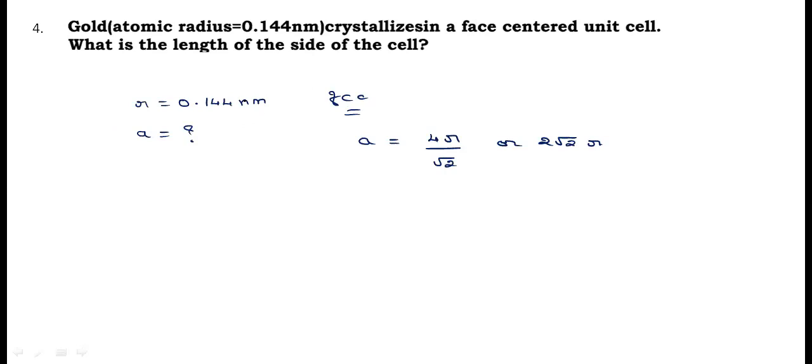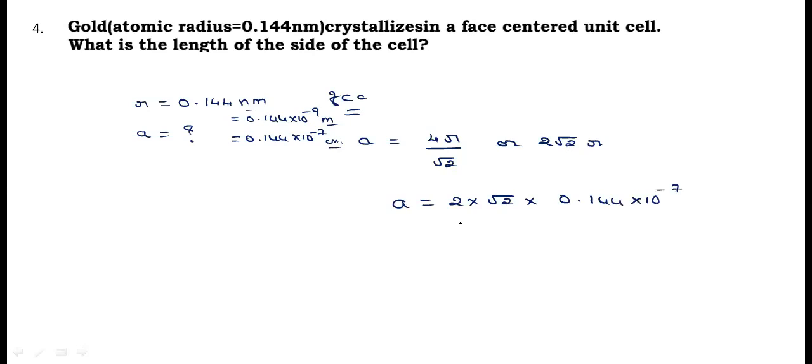Now as R is given, you can find it. If you want, you can leave the answer in nanometer, or you can convert it into centimeter. If we convert to centimeter, this will be 0.144 into 10 to the power of minus 9 meter, and in centimeter it is 0.144 into 10 to the power of minus 7 centimeter. We converted nanometer into meter followed by centimeter. Now in the calculation, a is equal to 2 into root 2 into R, where R is 0.144 into 10 to the power of minus 7.